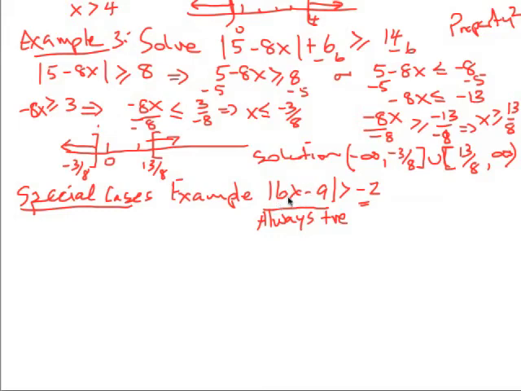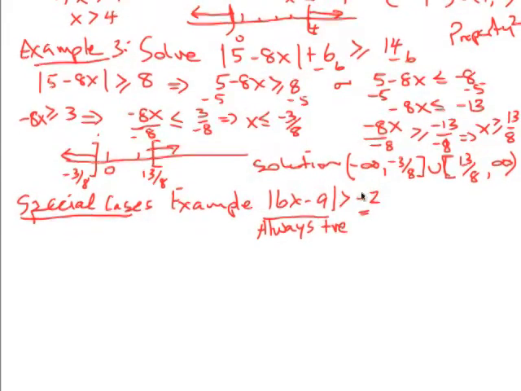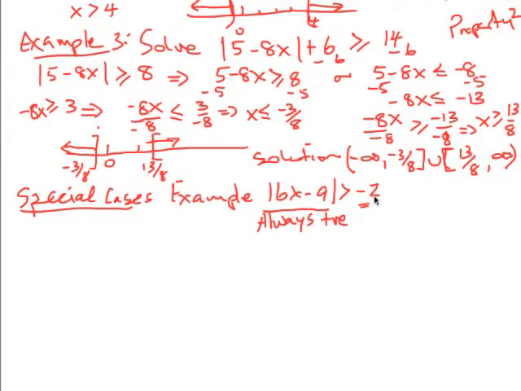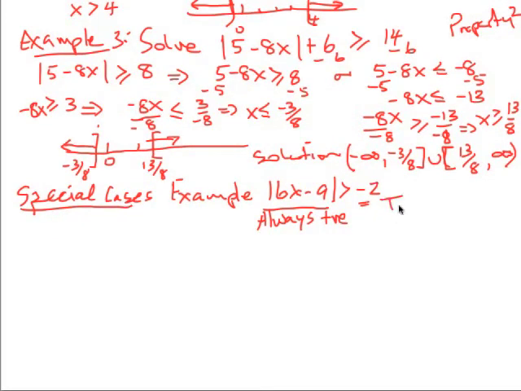And since a positive number is always greater than a negative number, this is true for all x, no matter what it is. And so my solution is all the real numbers, which we write like this. Okay? Alright, so special cases, example 1 there.